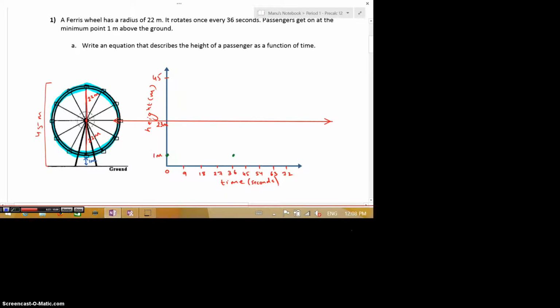Agreed? Right. Midway through this person's rotation, when the person is fully halfway done the rotation, they're going to be at the top of the Ferris wheel. So halfway through that rotation, they're going to be at the maximum point of 45 meters. Where are they going to be a quarter of the way through the rotation?